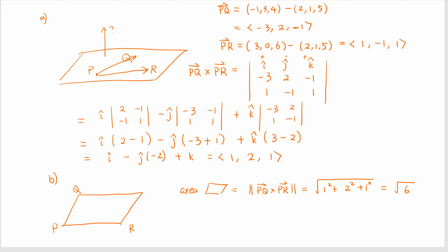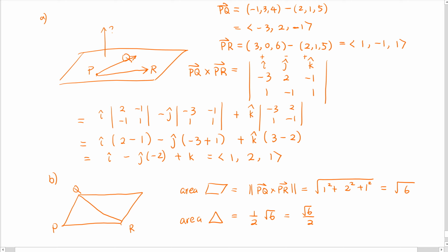So square root of 6 is the area of the parallelogram. And then what is the area of a triangle? So see, a triangle is half of the area of the parallelogram. So 1/2 times square root of 6, square root of 6 over 2, is the area of the triangle PQR.